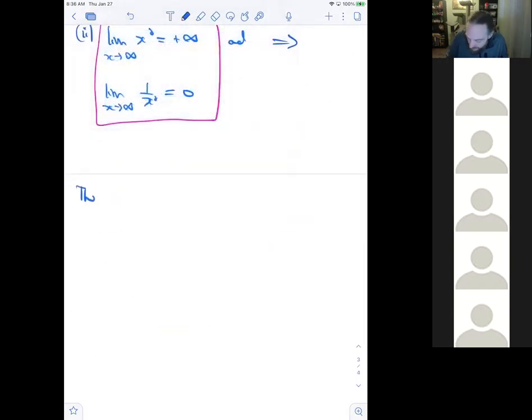Theorem. L'Hopital. It's not really L'Hopital, it was Bernoulli. L'Hopital was a French aristocrat. Bernoulli was the smart guy, Johann and Jacob. I think it was Jacob that did this.